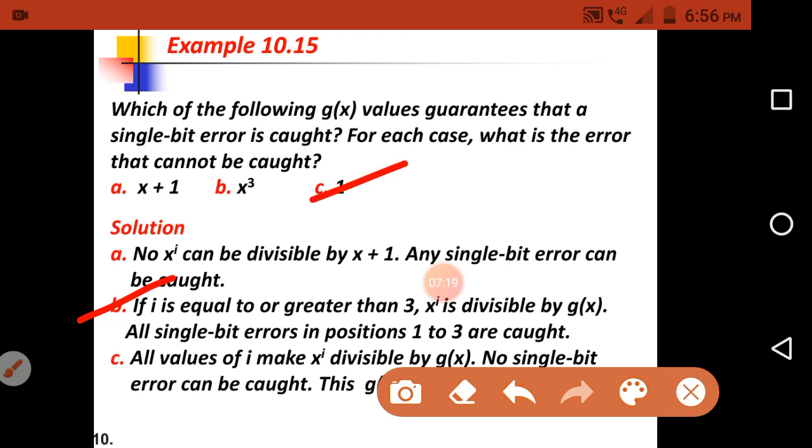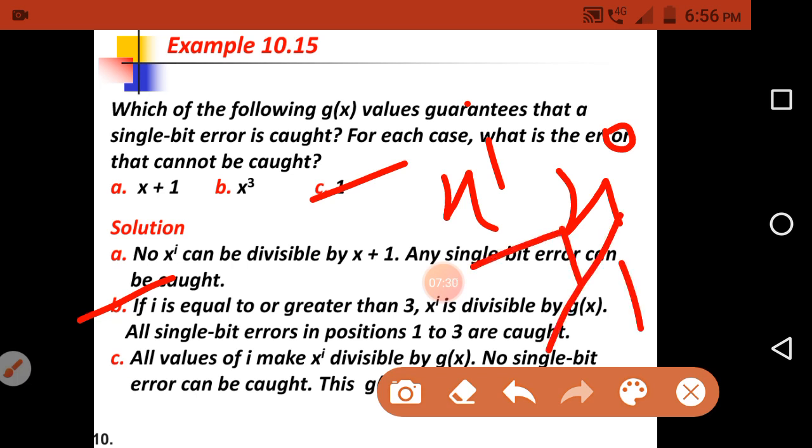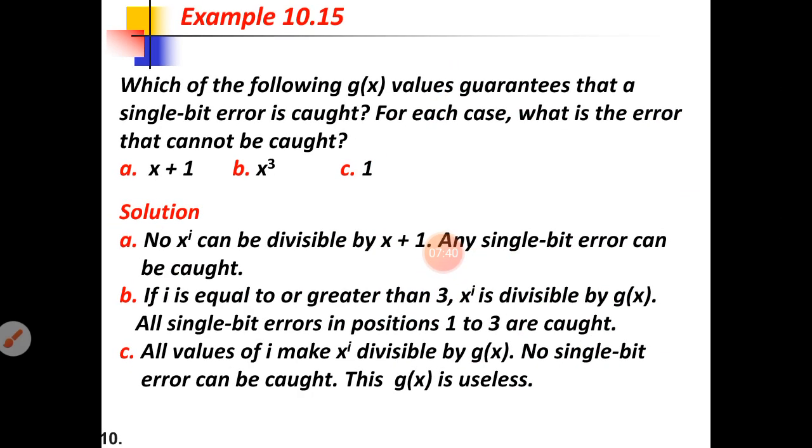Okay, and next you have to take g(x) equal to 1. Here x raised to i is there, so if the i value is 0, then we get 1 divided by 1, and the remainder is 0. Remainder 0 means this generator also cannot detect the single bit error.